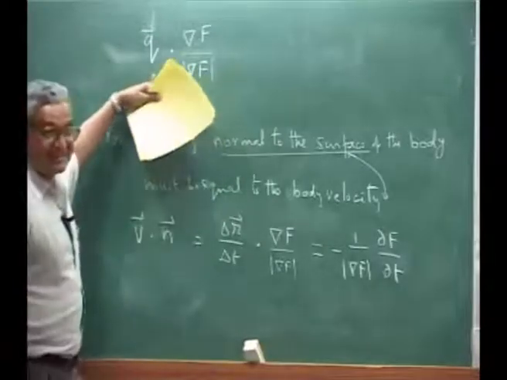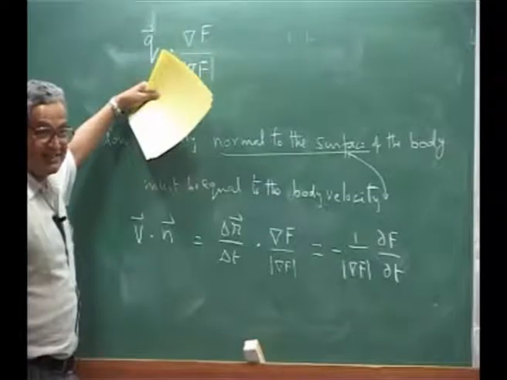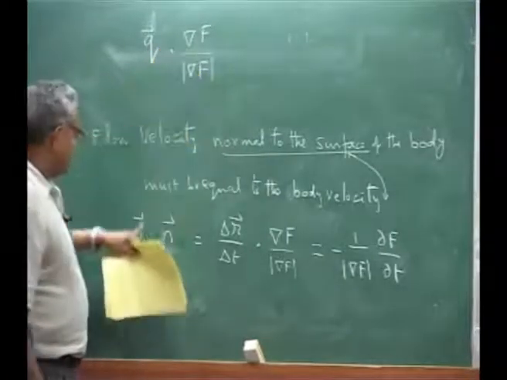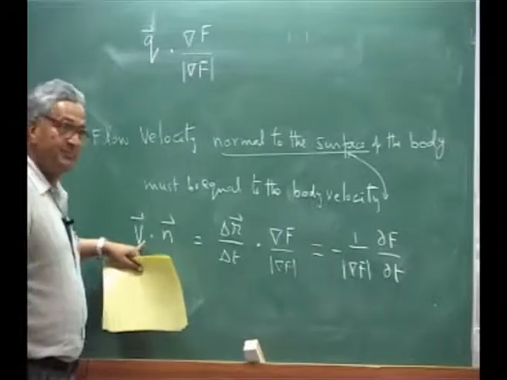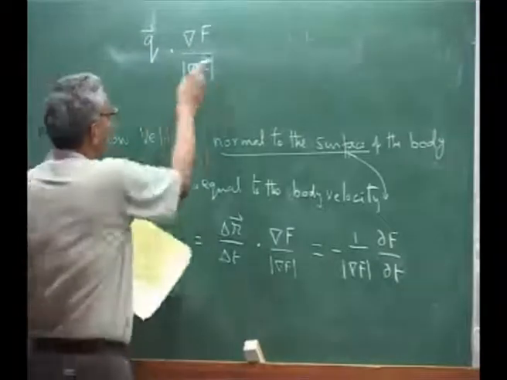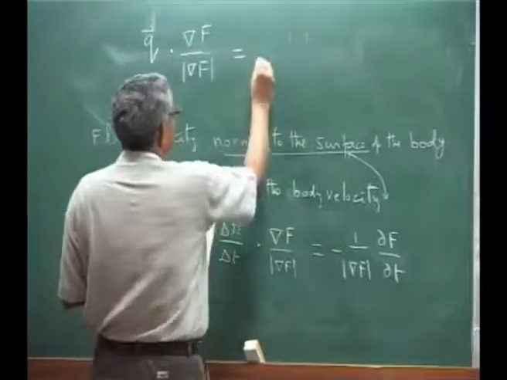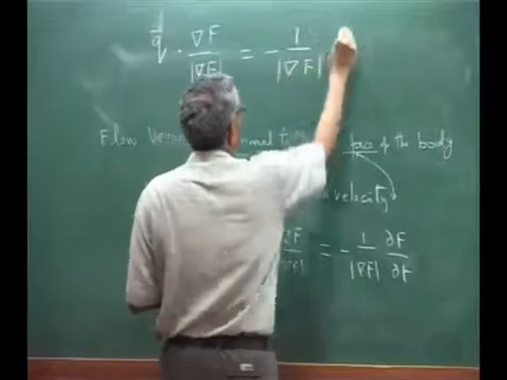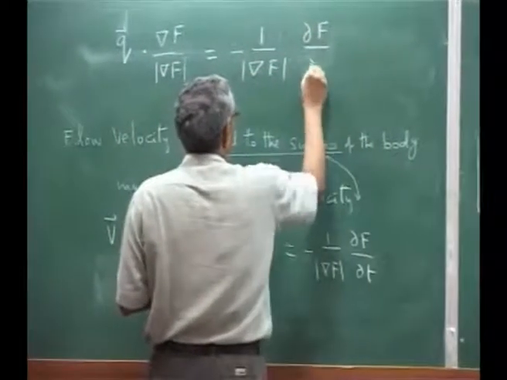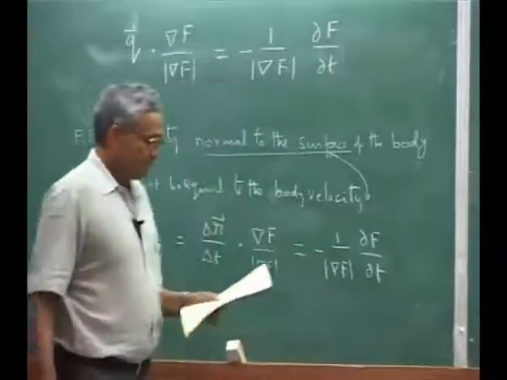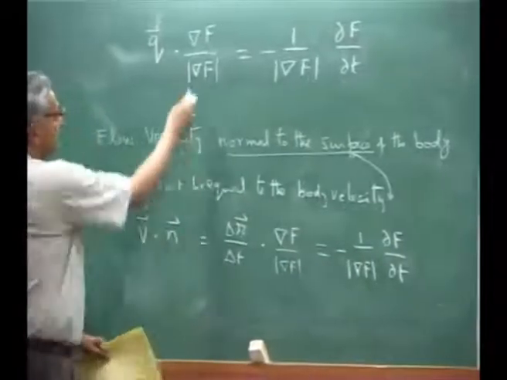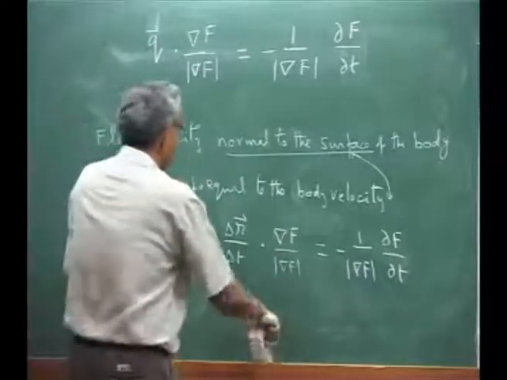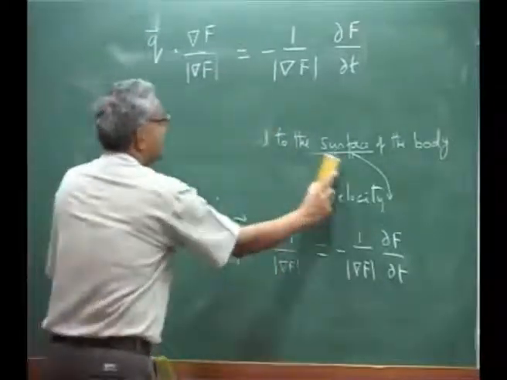This is the flow velocity normal to the body. This is the body velocity normal to its surface. These two are equal. Now you cancel this out. You bring both of them to one side. This is the condition.